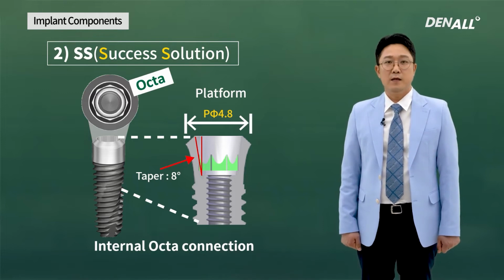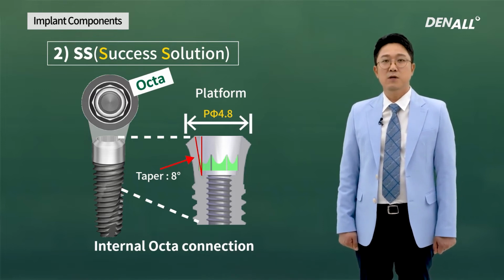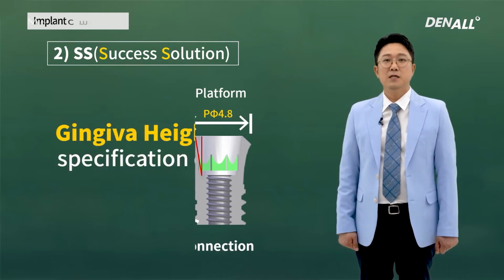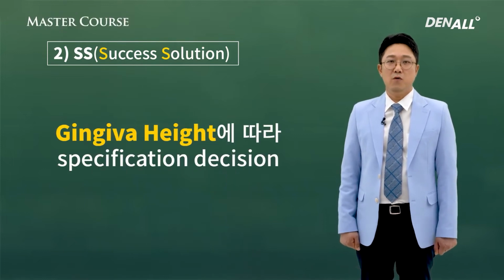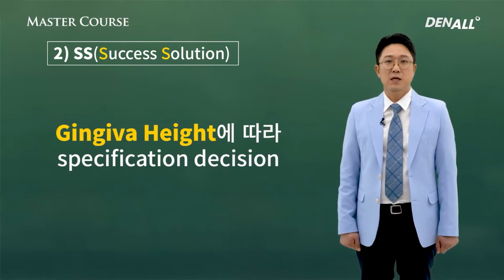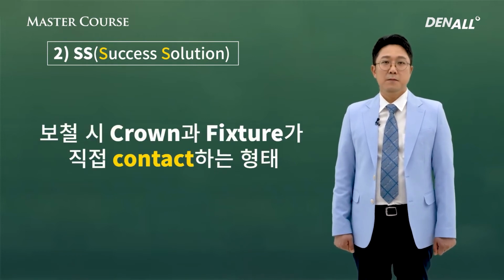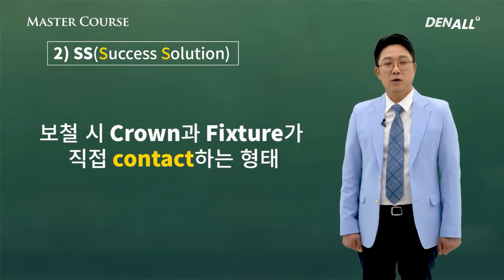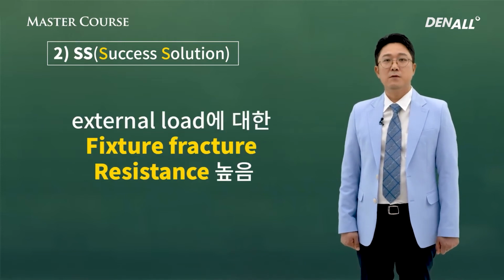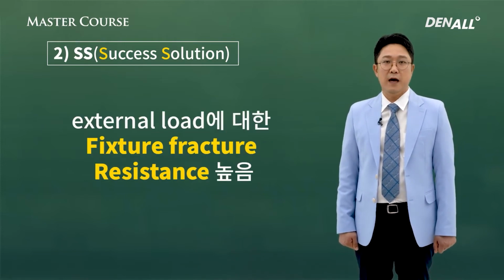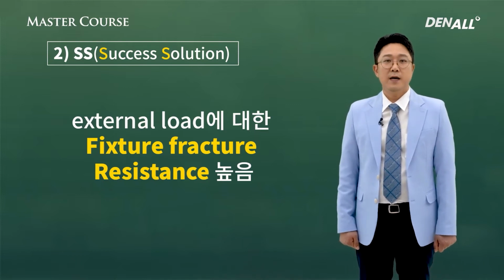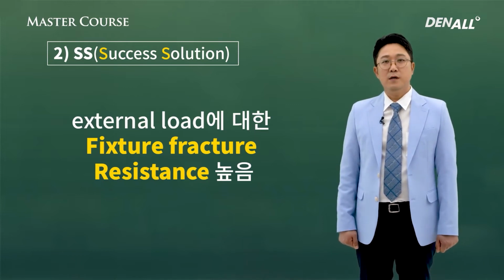Fixture abutment structures, it has cuff type. It is already there, so you need to place it following tissue level, and prosthesis margin is formed at fixture platform. The internal thickness of fixture is thick, so compared with internal submerged implant, it has higher resistance against fracture.